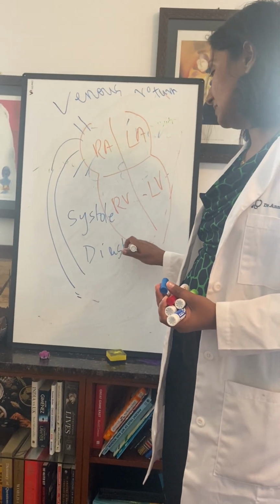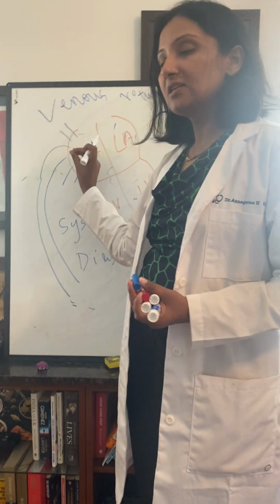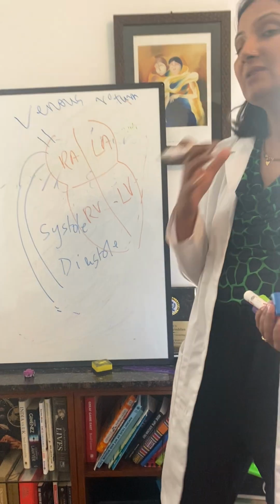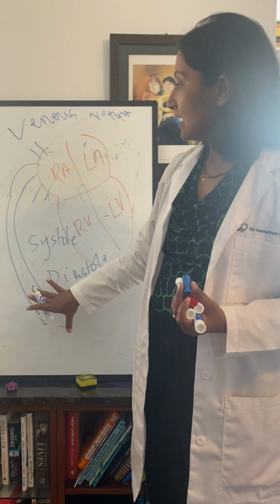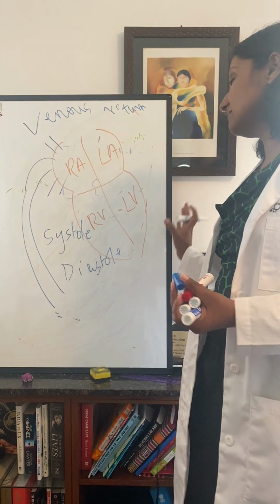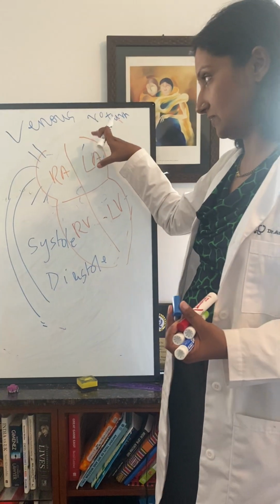So atrial relaxation is atrial diastole, and atrial contraction is atrial systole. Now the oxygenated blood from the lungs returns to the left atrium.